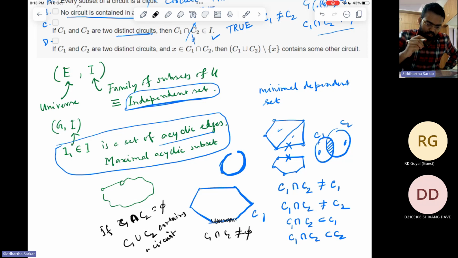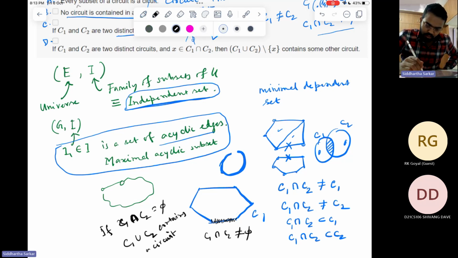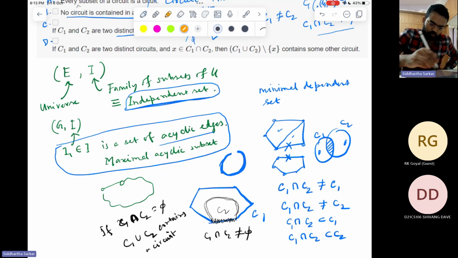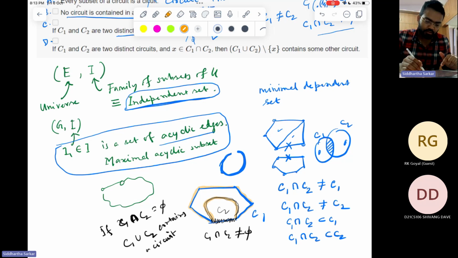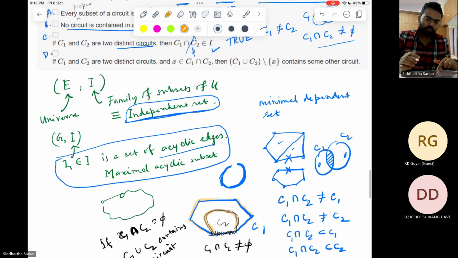Because they are distinct, C2 cannot coincide with C1, so there is some set of edges forming C2. Even if you delete X, via this other route a circuit remains. Inside this dependent set, we will be able to find one minimal dependent set, which will be the circuit. That is the reason.